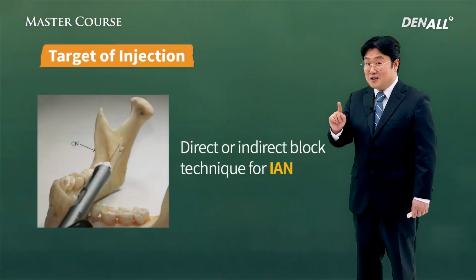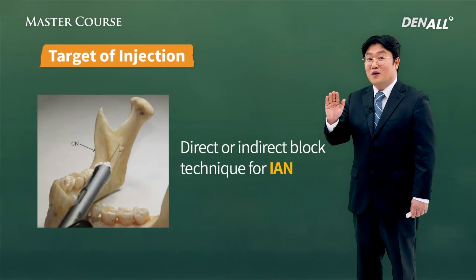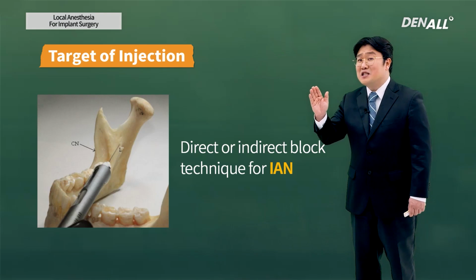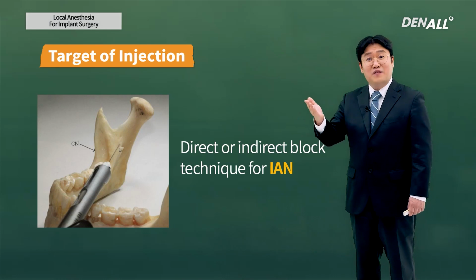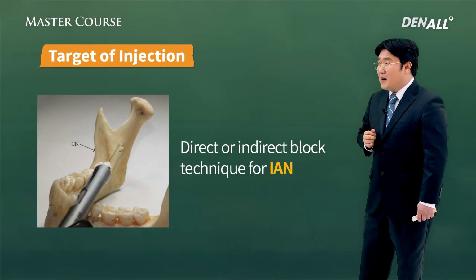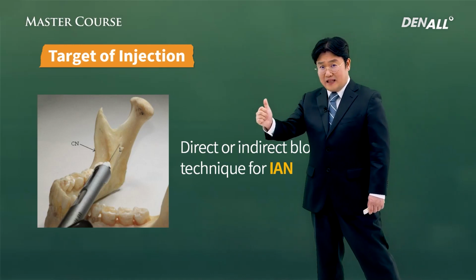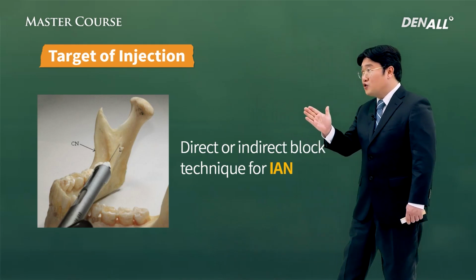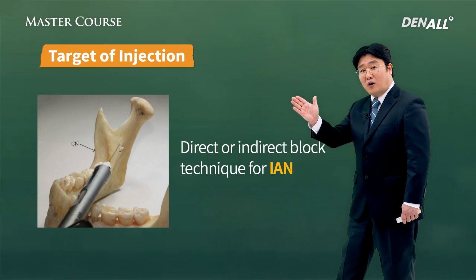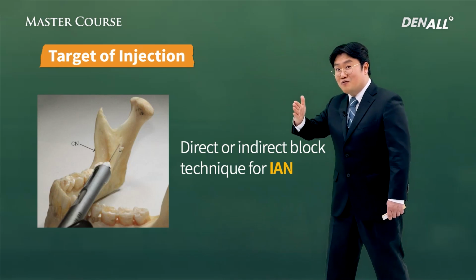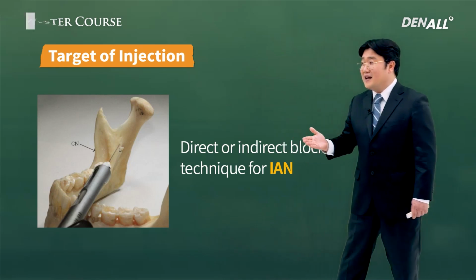anesthesia technique for the mandible. You need to find and inject anesthetics at the location right before the inferior alveolar nerve goes into the mandibular foramen to enter the mandible. This is the inferior alveolar nerve block anesthesia. You can use the direct method or the indirect one where you inject in parallel and change the entry direction when you hit periosteum or bone.